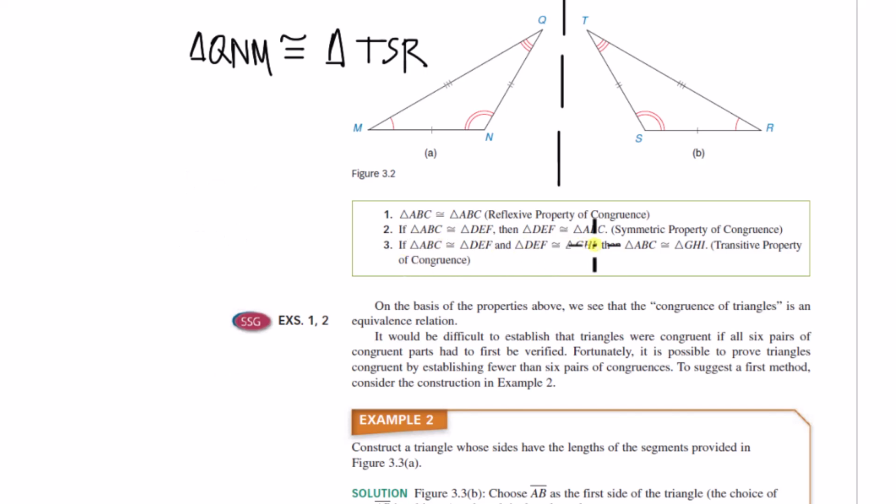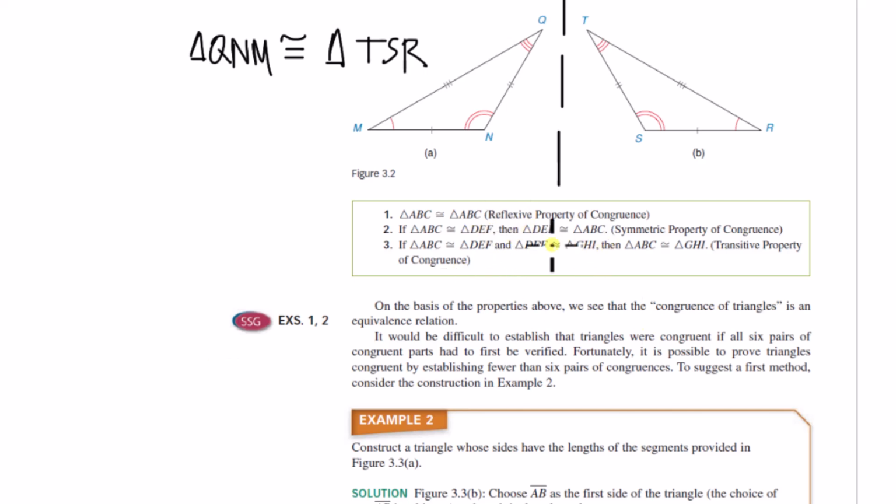Okay, congruence also has the symmetric property. With an equals, if A is equal to B, then B is equal to A. But this isn't always the case with, okay, if A is greater than B, does that mean that B is greater than A? No. But congruence also has this symmetric property.